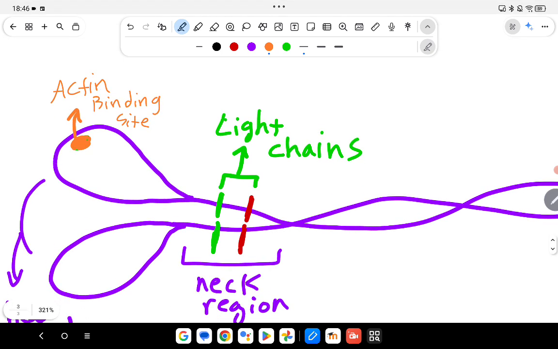And then somewhere about right here, you would have the ATP binding site. This is where the ATP gets broken down, and then you get that energy that allows myosin to cock the head and then pull the actin back.